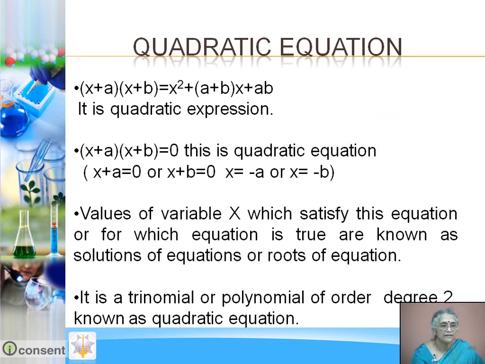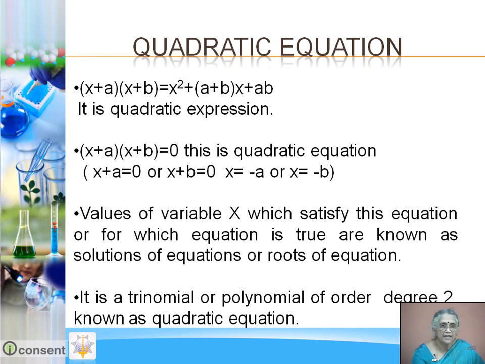Now you are familiar with the expansion of (x + a)(x + b). (x + a)(x + b) is equal to x square plus (a + b) x plus ab. It is a quadratic expression.